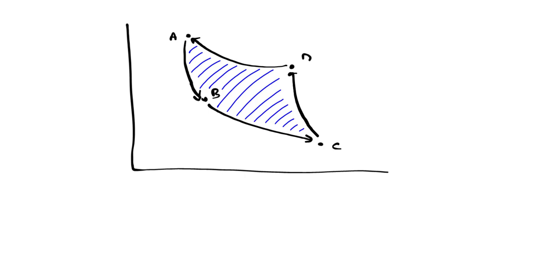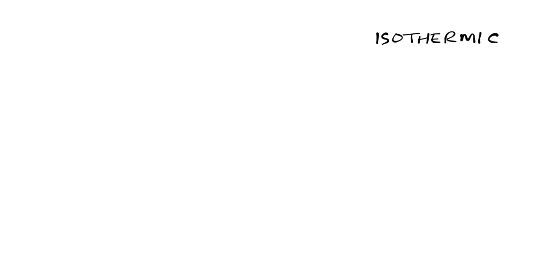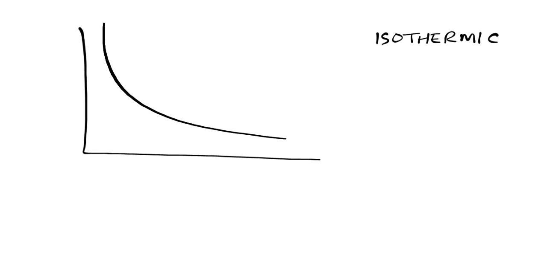Now, we've talked about isobaric processes. We've talked about isochoric processes. Let's talk about isothermal processes. An isotherm is a line that follows a constant temperature. I showed you what those look like. They're these inverse looking curves. Every point along this would be at the same temperature.